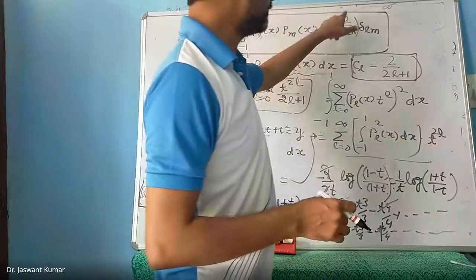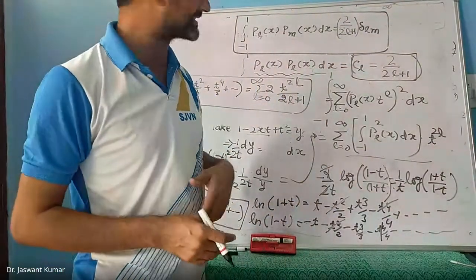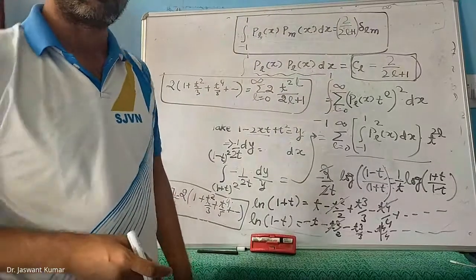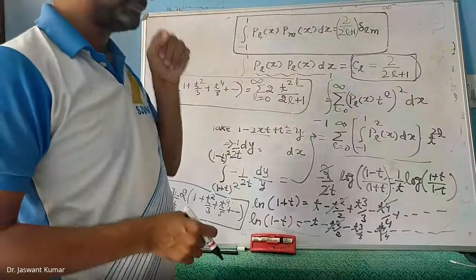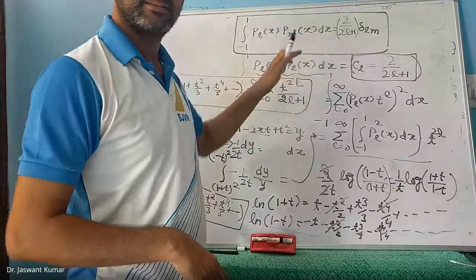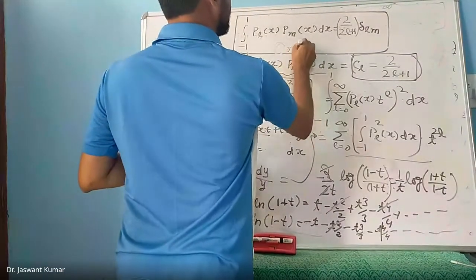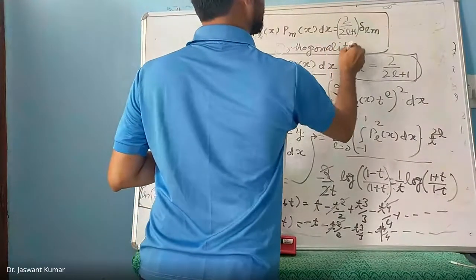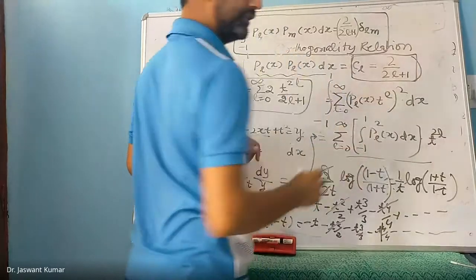The answer will be 2 by 147, because 73 twos are 146, and 146 plus 1 will be 147. Ask me any question on this. This is the most general form of the orthogonality relation for the Legendre polynomials.